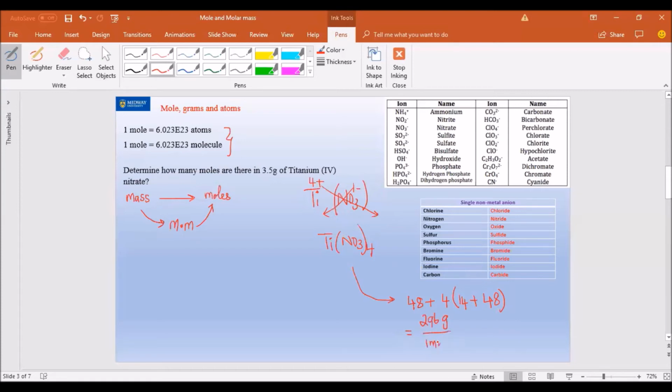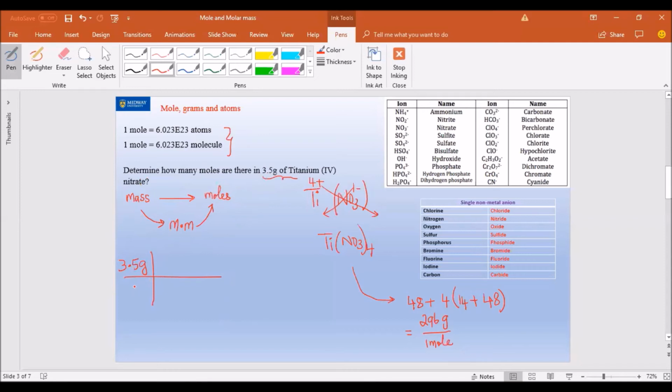Remember, I told you to write it this way over conventionally how it's being written, and there's a reason for that. So our objective is we have to go to moles over given mass. So how are we going to set this up? Well, the given information is always, I'm going to draw a block like this, and then I'm going to put the given information at the very top, always on the far left-hand side column of this block.